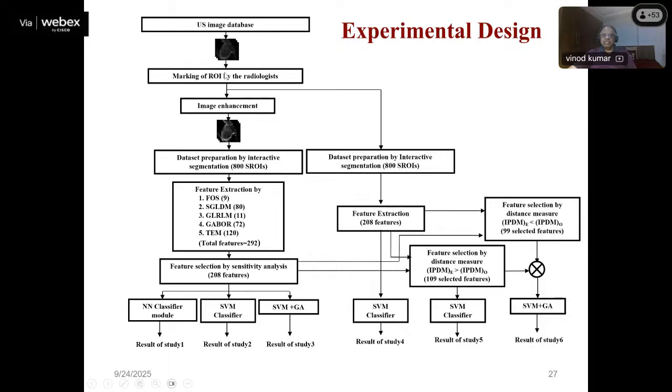So with the help of doctors, radiologists, we mark ROI, region of interest, that is the tumor area. Here we designed the algorithm in such a way that we take the raw images and we try to calculate the data set of SROIs, that is segmented region of interest.